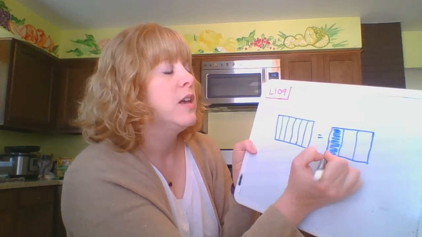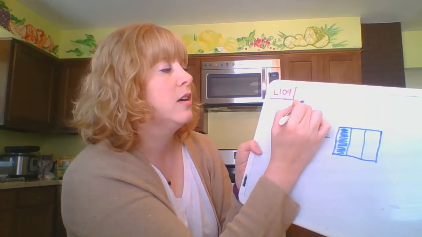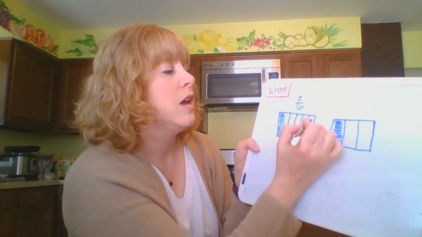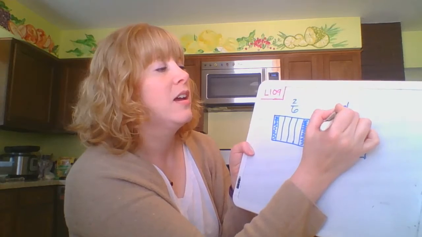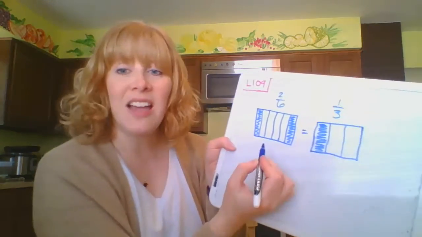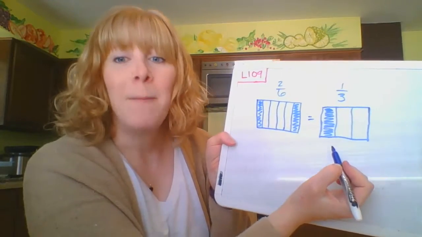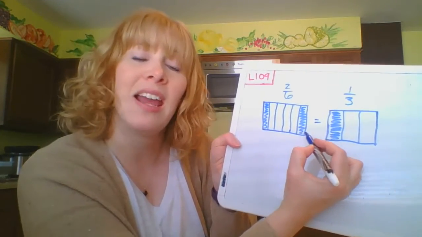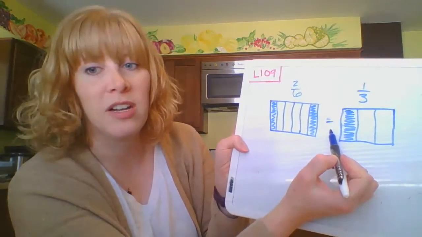So I'm going to color in one of those thirds. Now, if I color in 1/6 here and 1/6 here, I did color in the same portion on the left that I colored on the right, but it's harder to just glance at it and say that those are equivalent if I didn't have up here 2/6 and 1/3 is equal.